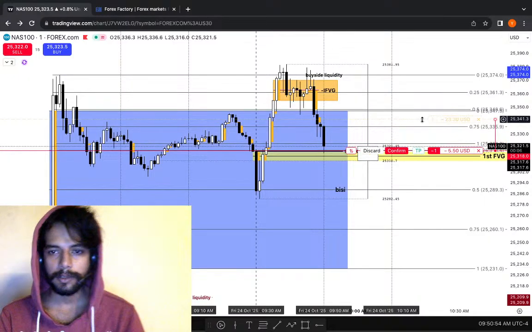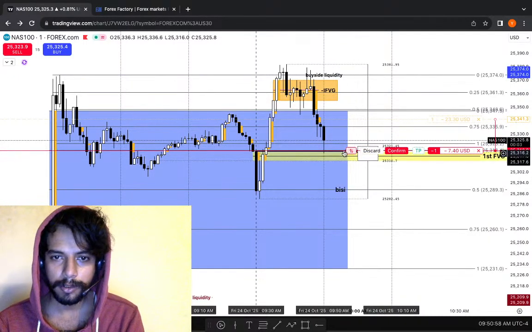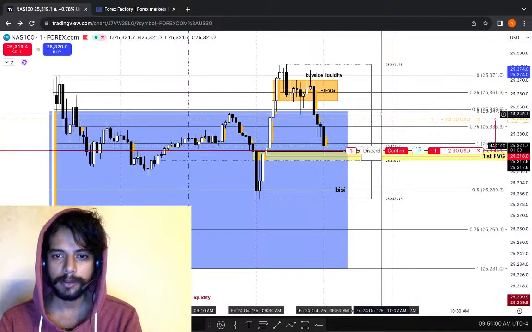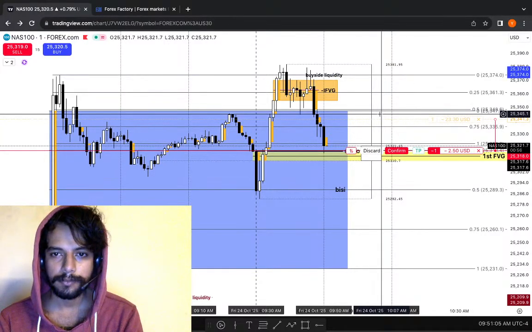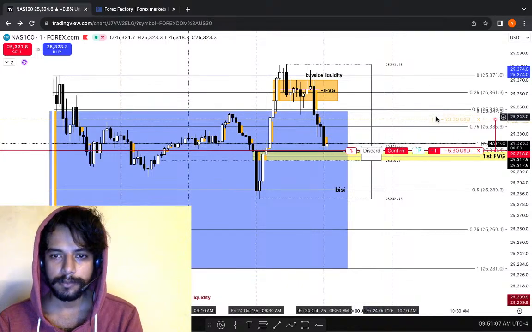Should break this on the downside. I don't want it to take this high right here.